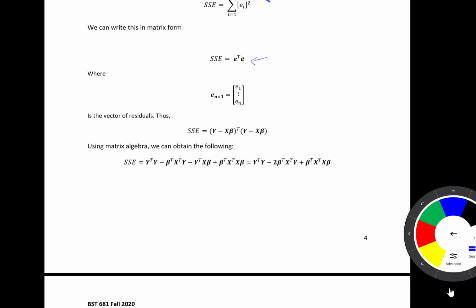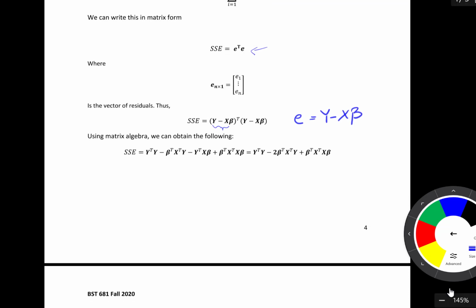Therefore, we could also write SSE as follows, because here we're looking at this in terms of the parameters. I'm being a little bit cavalier here in terms of which one's the parameter and which one's the estimate. But recall that the residual is equal to y minus X beta, and that's where we're getting this piece from.